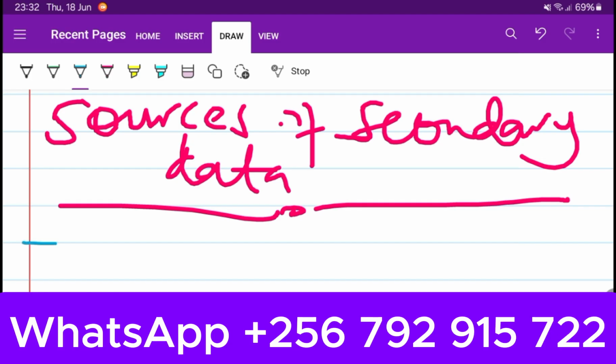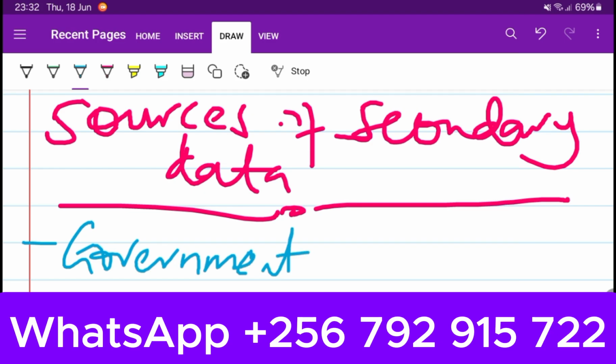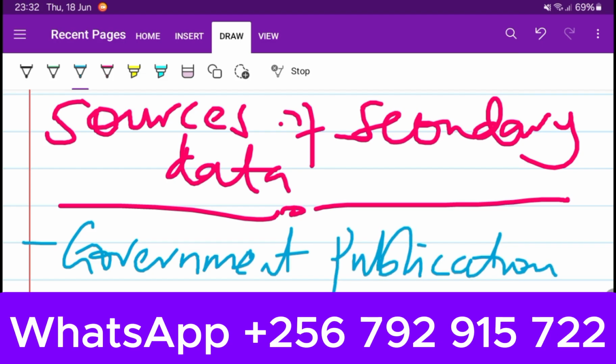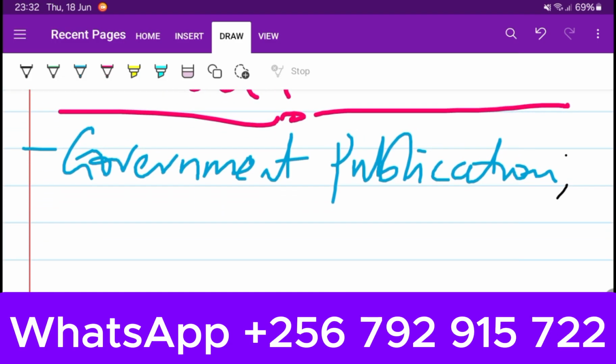One of the sources where we can get secondary information could be government publications. For a Ugandan setting, that's what I'm going to put more emphasis on. These are some of the entities where we can get the information.